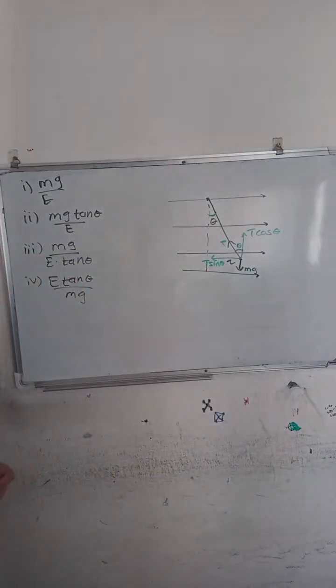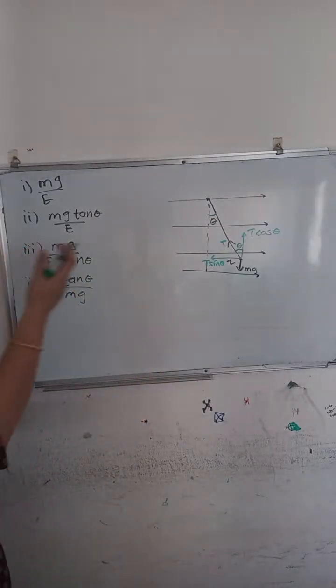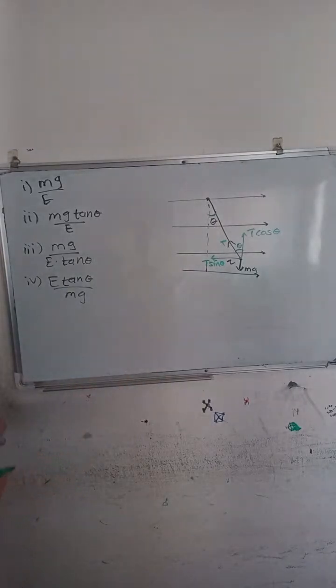Can you get this? So these two components we are getting here. Now here we have mg. We are doing this even in class 11. So T cos theta and mg are opposite in direction, and both are vertical components.